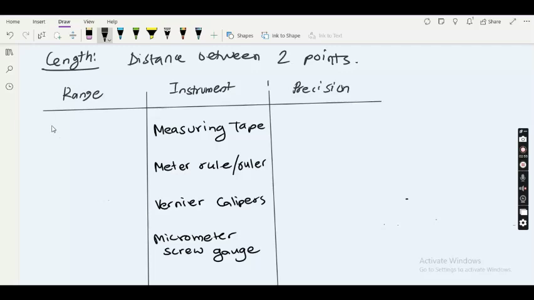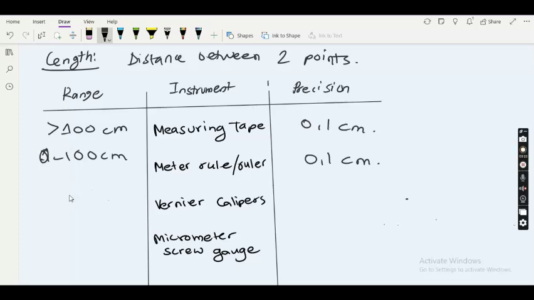For example, for a range that is greater than 100 centimeter, we will always be using a measuring tape. The precision of this measuring tape is 0.1 centimeter. For ranges within 0 to 100 centimeter, we can use a meter rule or a ruler. And the precision is again 0.1 centimeter.